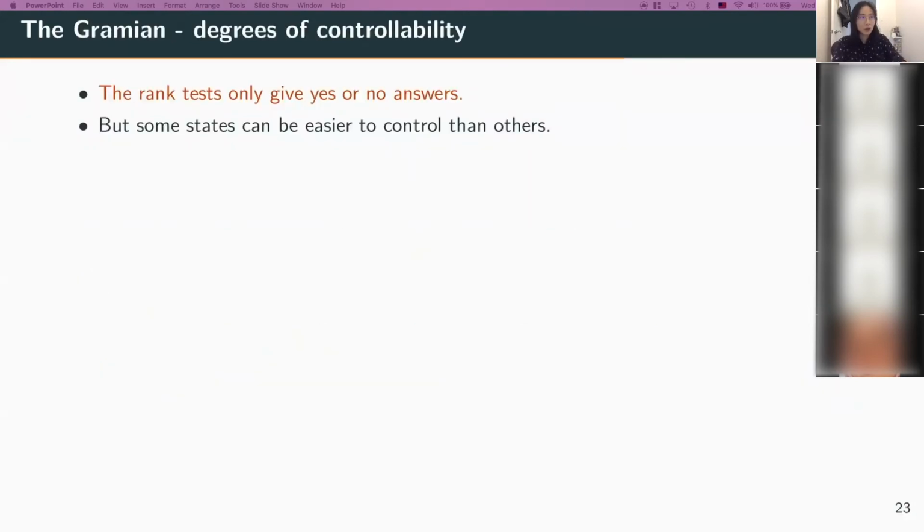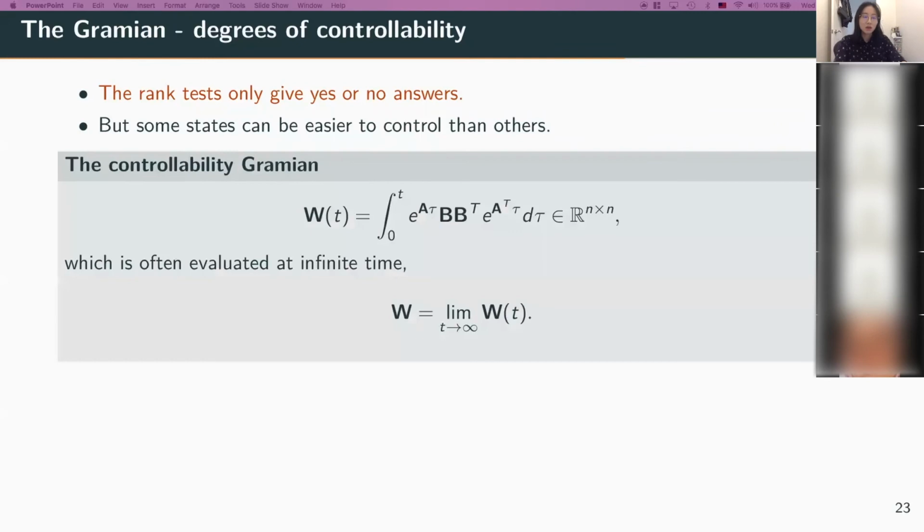Right. So the rank test that we just talked about only gives you yes or no answers. But in fact, some states can be easier to control than others. And this is where the Gramian matrix comes in. So the controllability Gramian matrix is defined by this integral from 0 to time t.